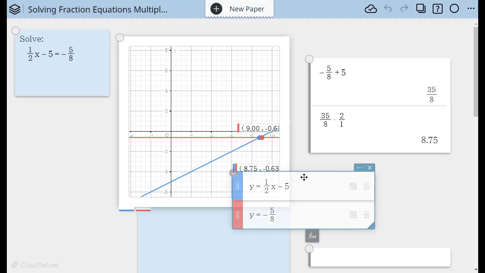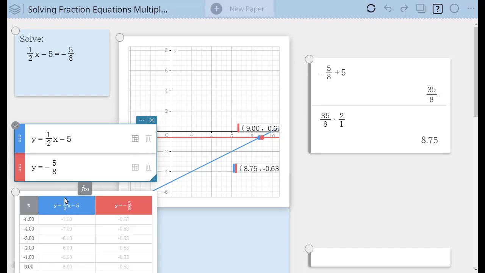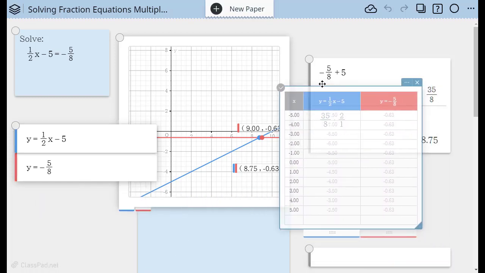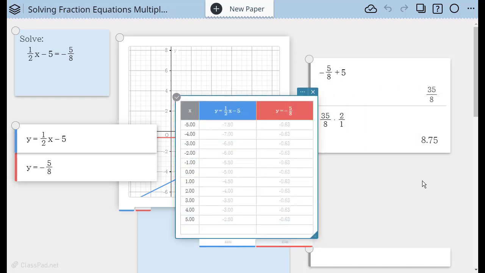You could also, notice when we graph our functions as separate functions, we also have tables. So if I hit display table, it gives me -5 to 5, and I'm looking for the solution in the table. So what does it look like in the table? So right now we have different representations of the solution.